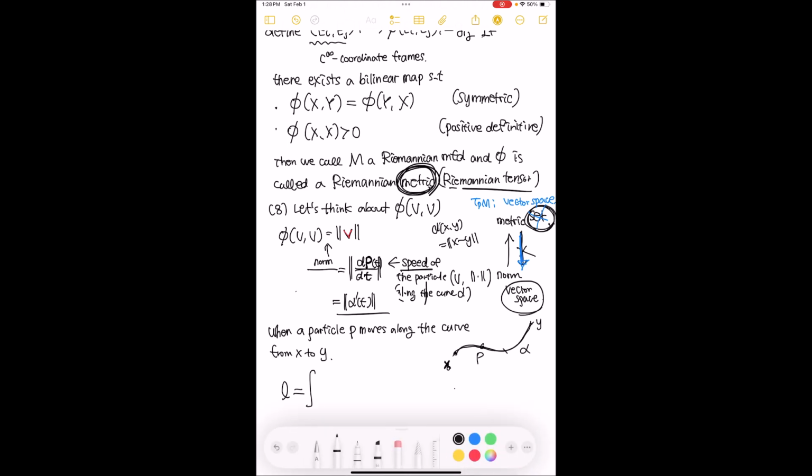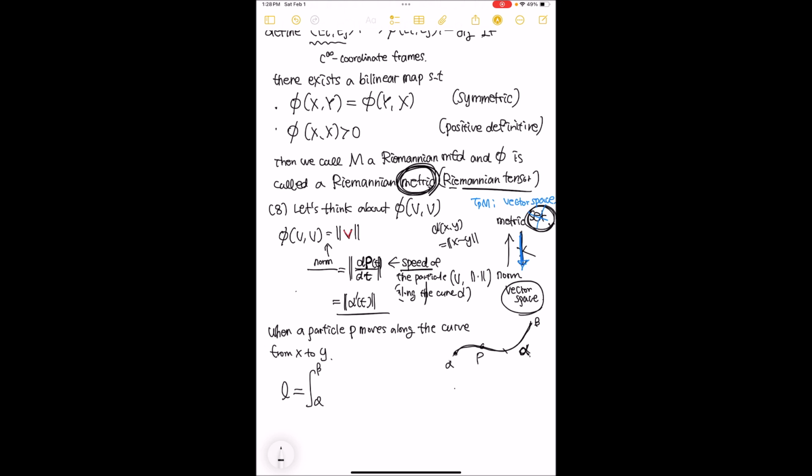My lecture note writes it with alpha and beta, which is not nice because the curve name is also alpha.